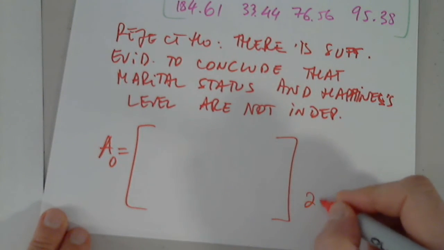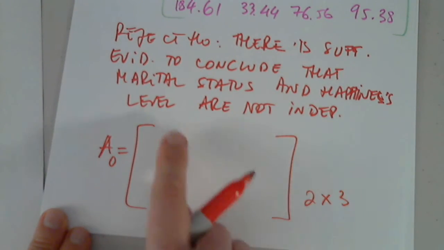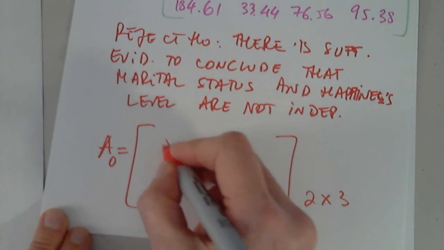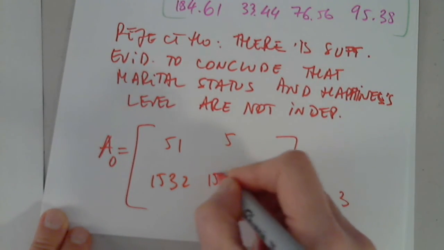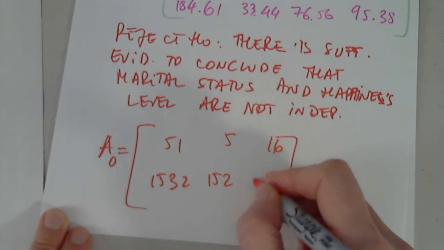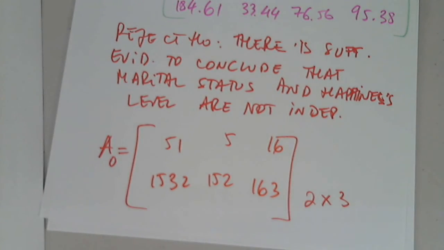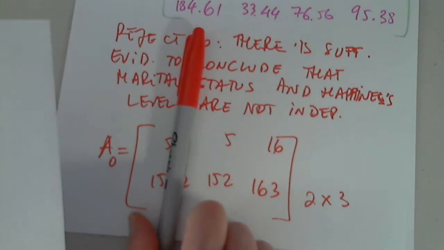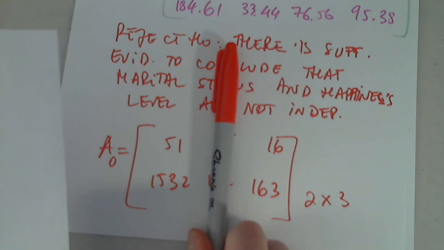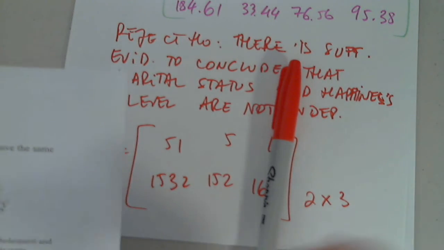So it's a 2 by 3, 2 rows, 3 columns. So 51, 1532, 5, 152, 16, 163. So these are the 3 groups in question. The first group got Zocor. The second group did not get anything. They got placebo. And in group 3, they received a different competing drug.